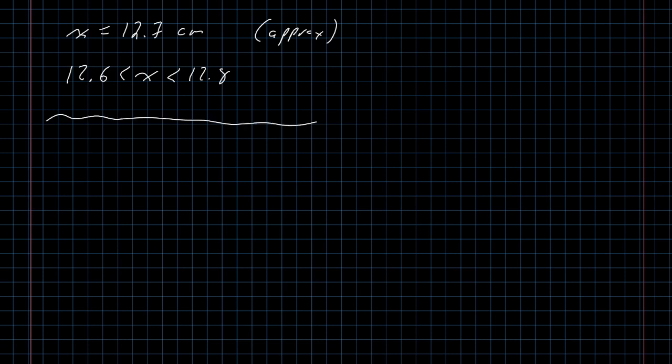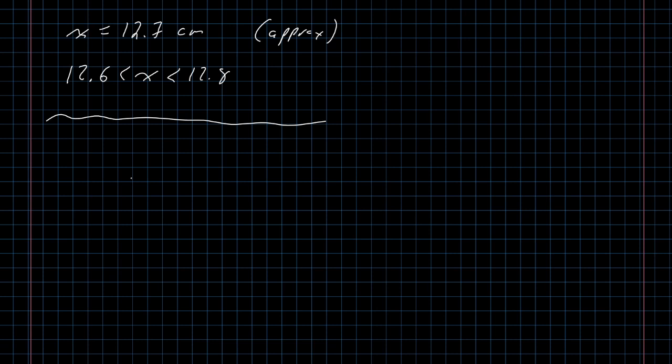So, let's imagine that we have a precise measuring tool, but it doesn't measure in the 10th of a centimeter or the 100th of a centimeter. It measures to the nearest 50 micrometers.